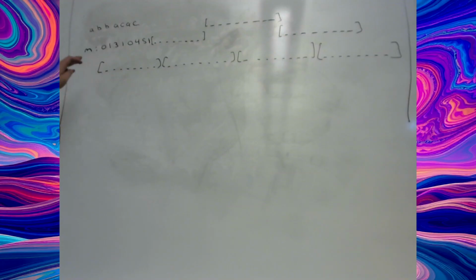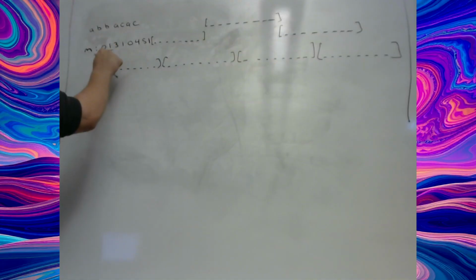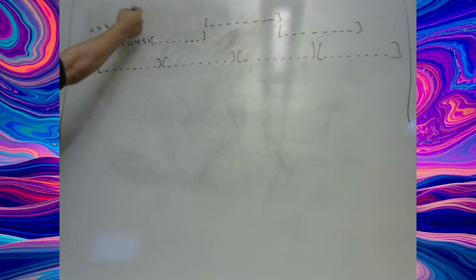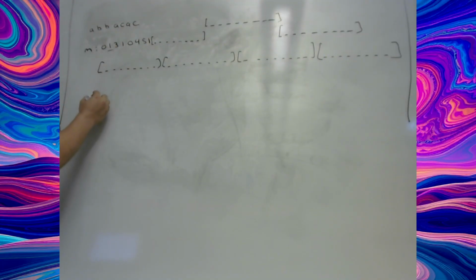So M is our parity mask, and what it means is at a specific index, we're asking about the parity of the prefix string at this point. So this says 1, but what is it really referring to? If we have 3 characters total, it's referring to 0, 0, 1, where A belongs in the first slot, B belongs in the second slot, and C belongs in the third slot.